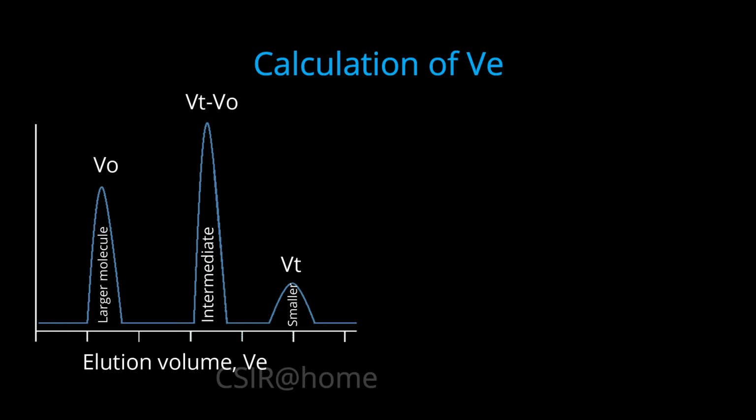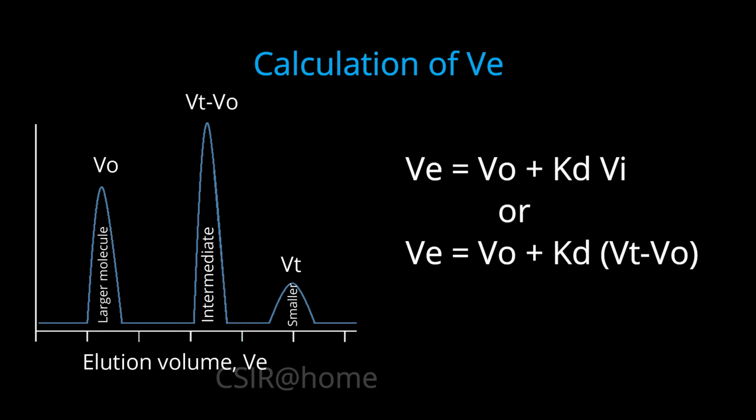The distribution coefficient Kd for such a molecule represents the fraction of Vi available to it for diffusion. Hence, here Ve is equal to Vo plus Kd Vi, or Ve is equal to Vo plus Kd times (Vt minus Vo).